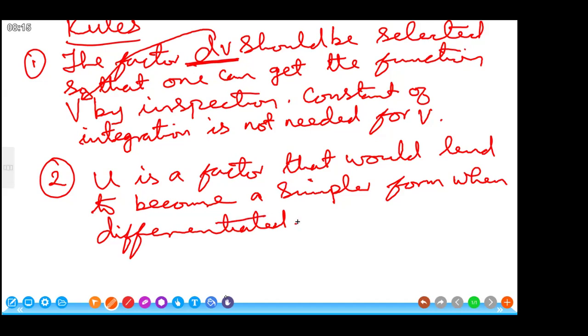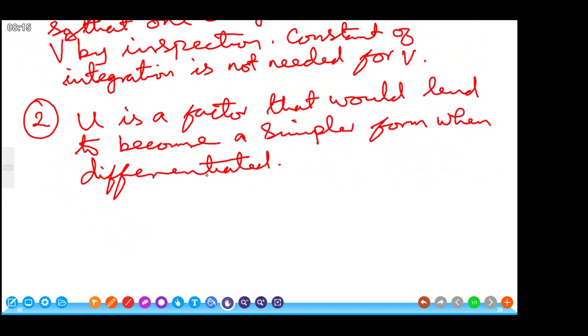Now we want to find out u as the second component in the function. Then we'll have to differentiate it.